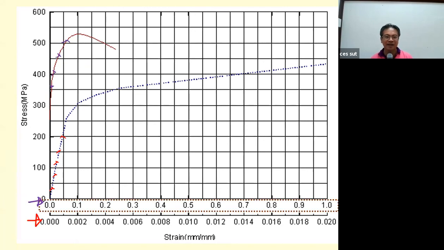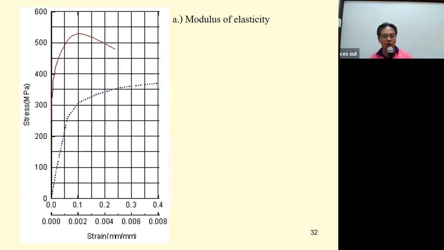Okay, so based on the first learning objective, from the graph you must be able to find the mechanical property. So the first one, modulus of elasticity. The modulus of elasticity must be found in the linear elastic portion of the stress strain diagram.